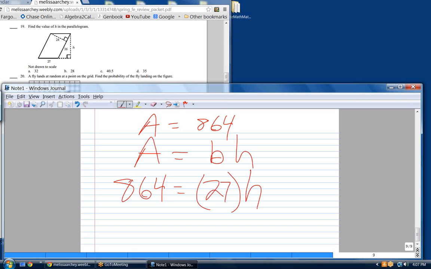What's h equal to? I'm not sure. Solve this equation: 864 equals 27h. Oh, divide 864 divided by 27. 32, so A.